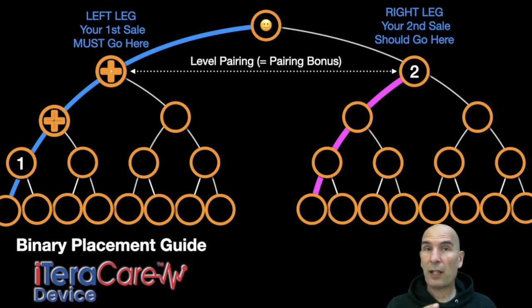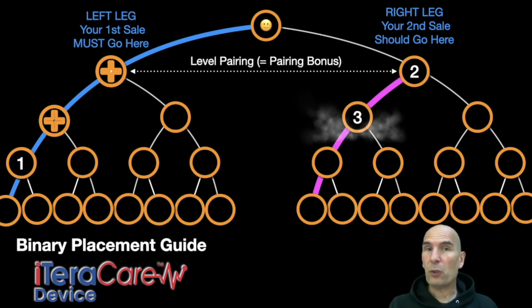So you're really lucky if your sponsor is filling the left leg, because normally you would go back and forth. You have to put one on the left, one on the right, then you get that full commission. One on the left, one on the right, you get the full commission. But if that left leg is being filled in by your sponsor, you're getting that full commission on every sale, because you'll always have a match, right? So your second sale goes there.